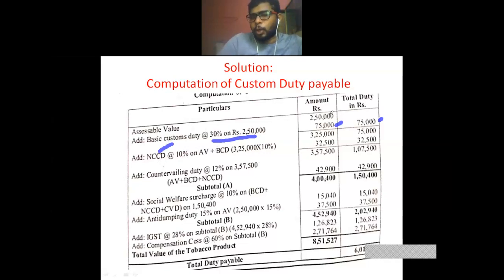Therefore I am doing the total every time. Therefore take the total 3,25,000 into 10%. So 32,500 is NCCD. Same 32,500, write it in the outer column also. Once again write the total. So 3,57,500, 1,07,500 here. Then add countervailing duty given in the problem, it is 12% countervailing duty.